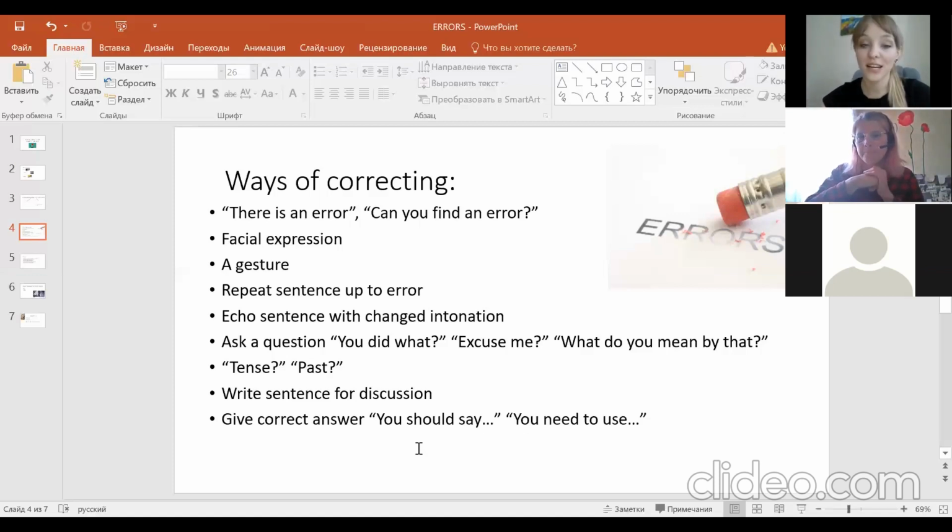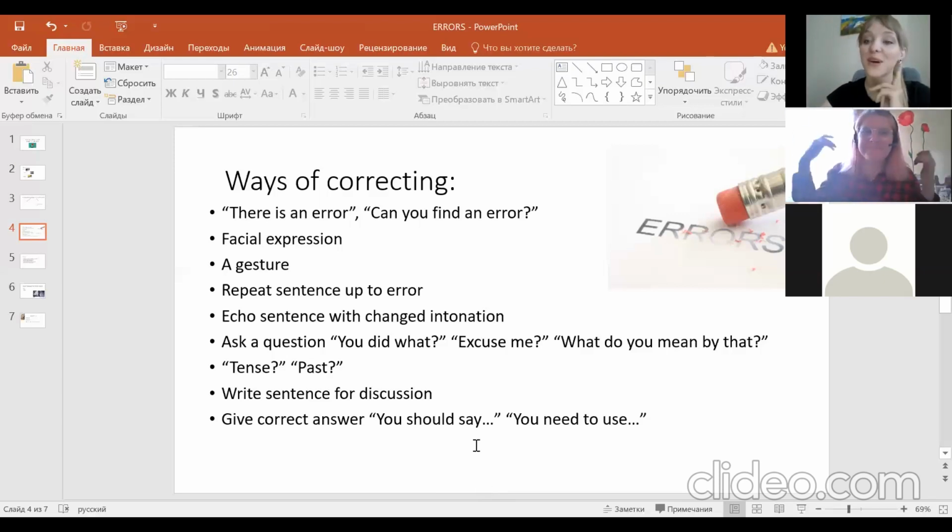And then there was the study which said which of these things is the least useful for a student. What do you think? Which one? Which of these is the least useful? This one? The correct answer? Yes. So it's the most popular among teachers and the least useful for students. It's a disaster.